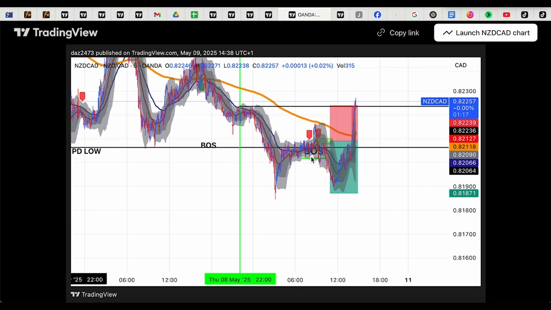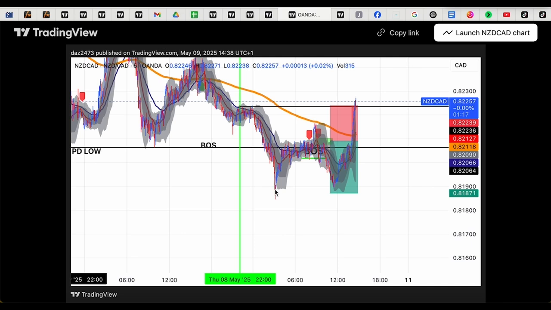Now I should have waited. I didn't get in here, I got in down here when it pulled back again. I had a fair value gap on this one, on this side here. I should have waited for it to break structure, pull back and then go, but it just went straight through.